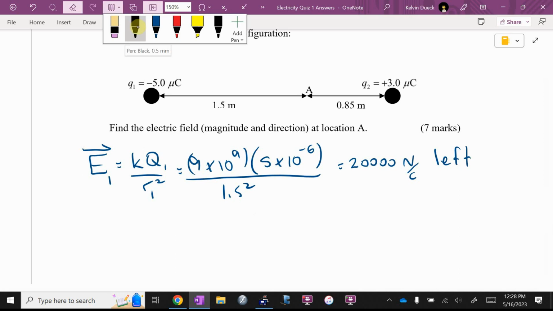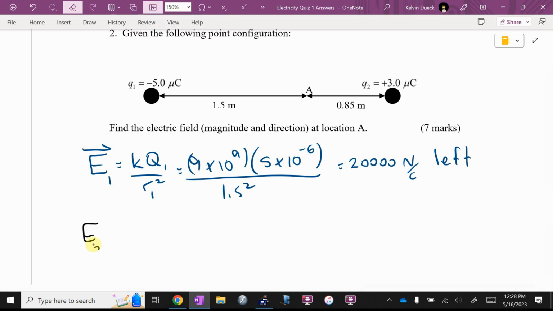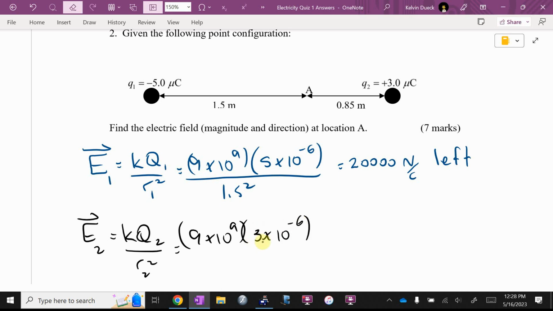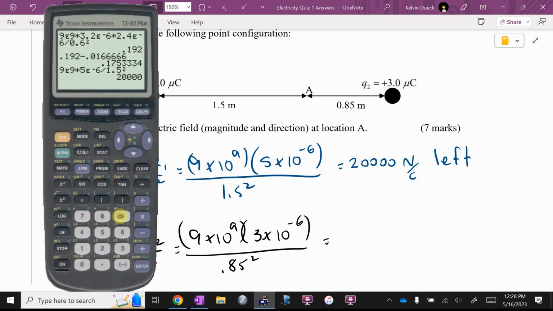Repeat, this time for electric field 2. It's going to be KQ2 over R2 squared. It's going to be 9 times 10 to the ninth, 3 microcoulombs, all over 0.85. Don't forget the squared. Oh, this is going to work out to a yucky decimal. Just backspace and edit.